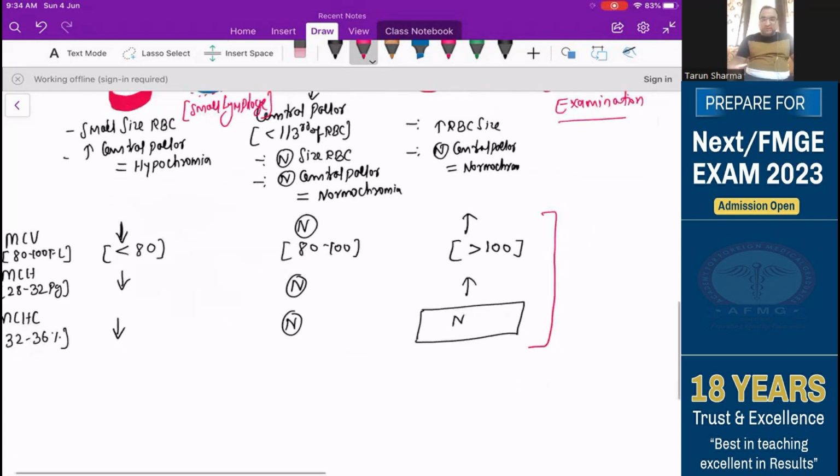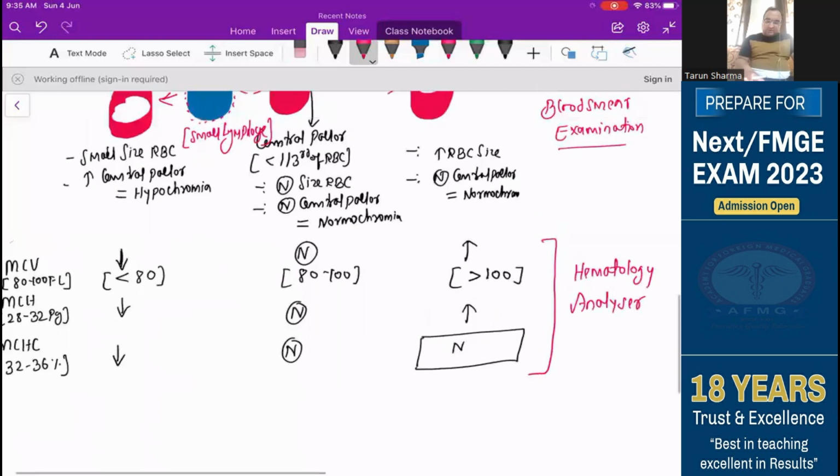But how will you calculate these RBC indices? You need not calculate anything, because the machine, the automated hematology analyzer, will calculate these parameters for you. You just have to give the blood to the machine, and all parameters will be calculated automatically. That machine is called the hematology analyzer.